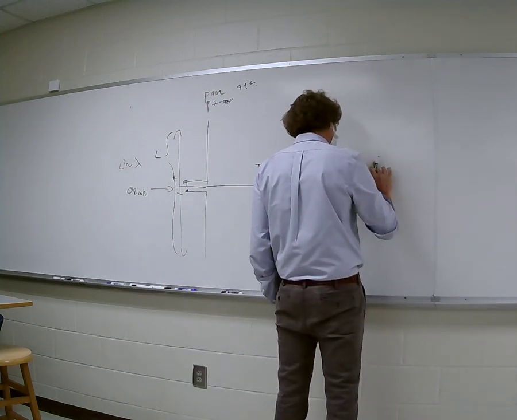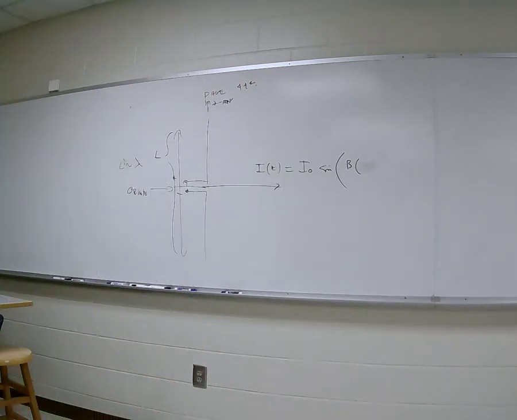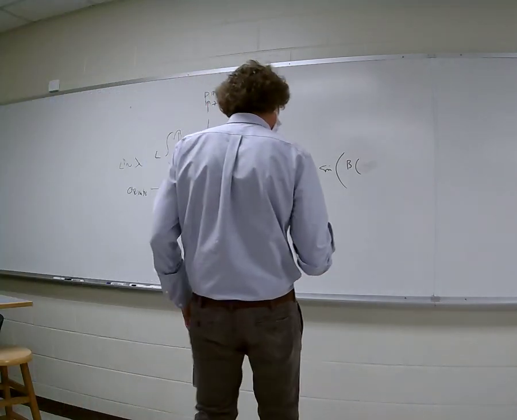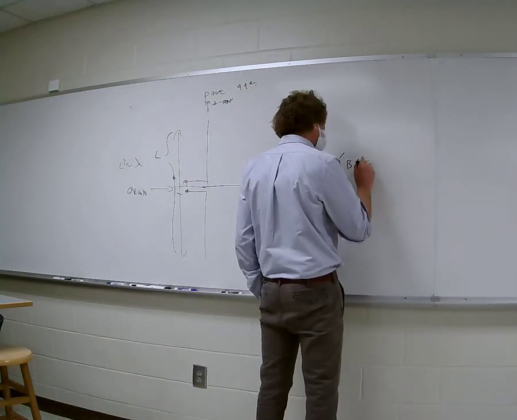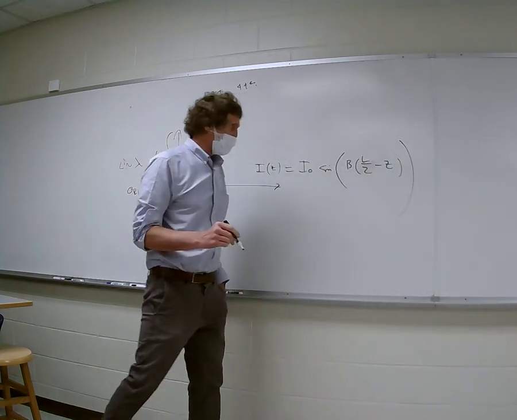Sorry, I have to make sure I write it the way he has it in the book. Yeah, he's going to have L over 2 minus Z. What he does is have the L over 2 first, minus Z. Let me talk about that for a second.